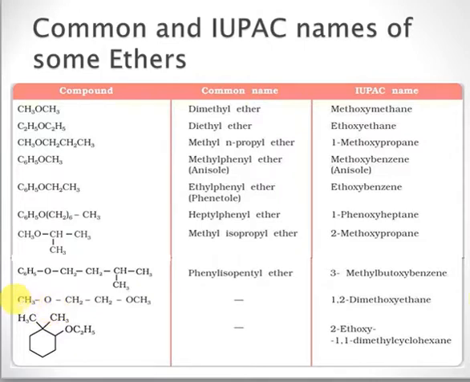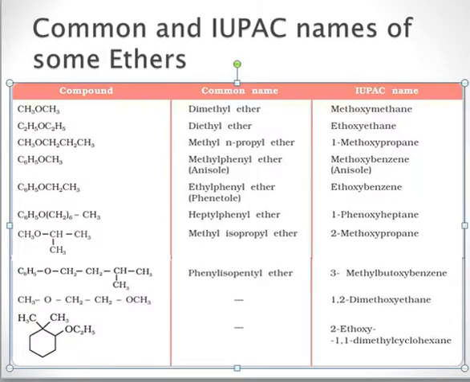Now we have two ether functionalities. See, so we have a methyl group and we have two carbons, and then we have a methyl group again. Right, so since one carbon of this is attached with a methoxy group and the second carbon is also attached with a methoxy group, the common name for that will not be applicable.